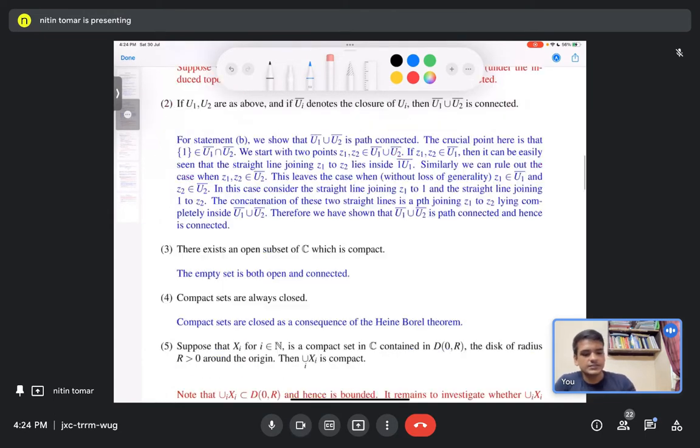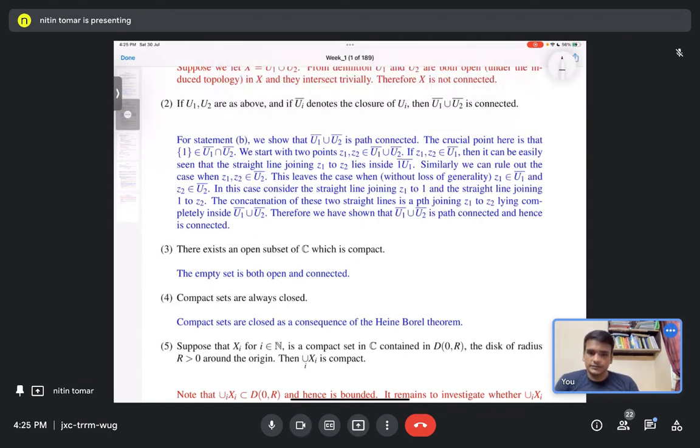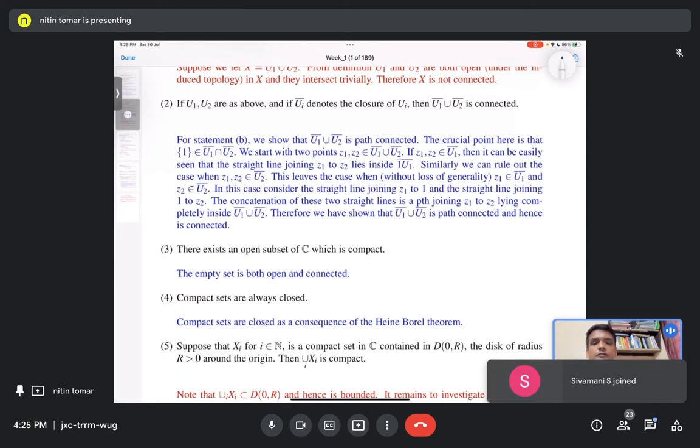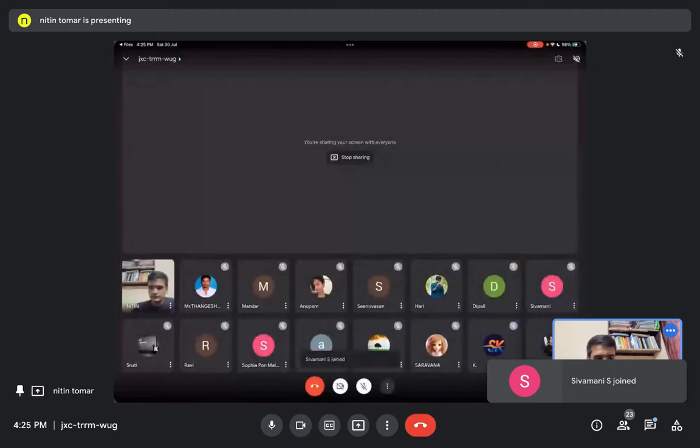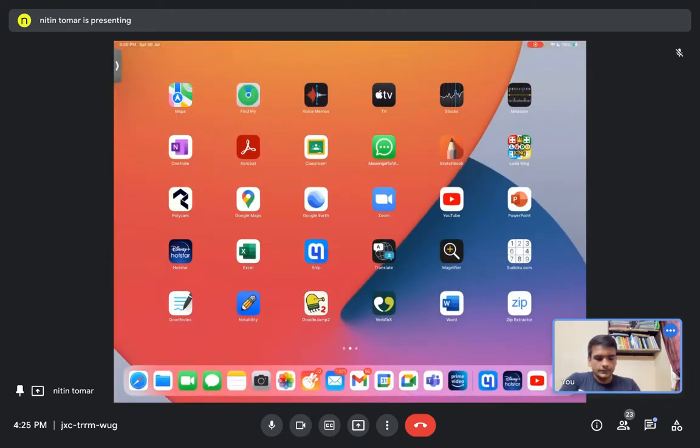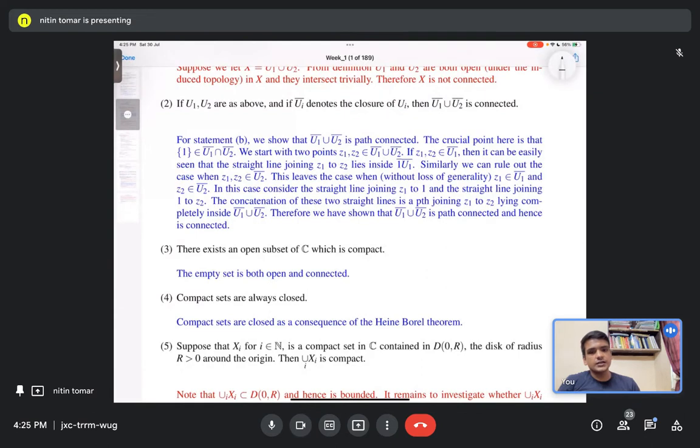Now the third question is, does there exist an open set of C which is compact? Someone has joined. So the complex plane, because C is a connected set, compact implies it has to be closed.